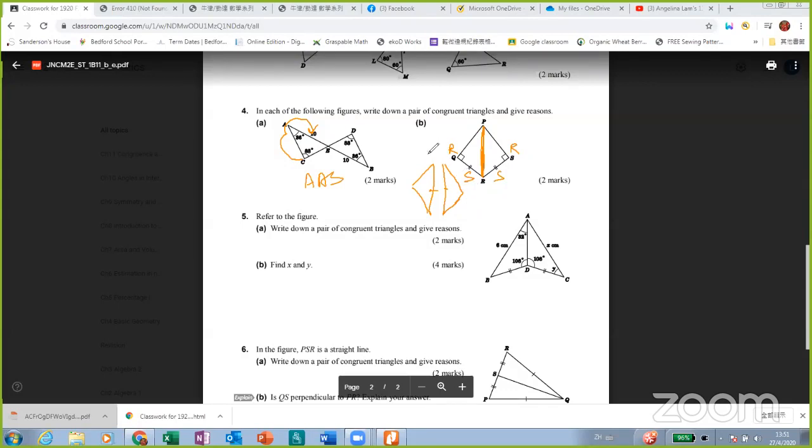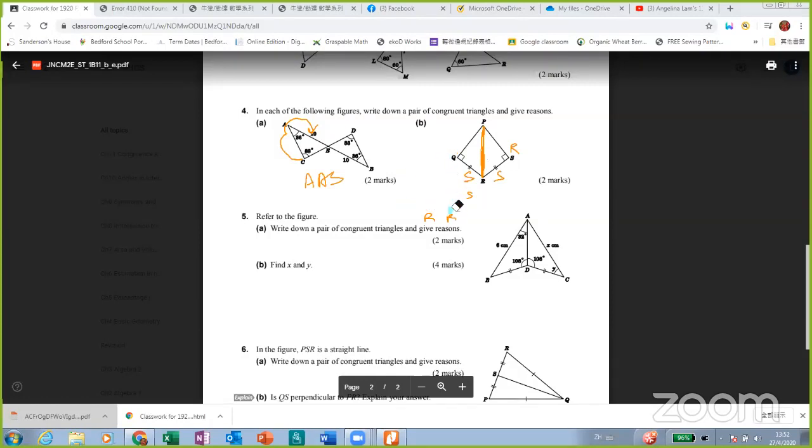It means one triangle is PQR, and then the other triangle is PSR. This length must be the same as this one, because this length is shared by the two triangles.